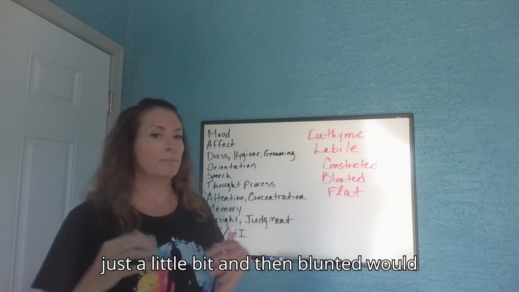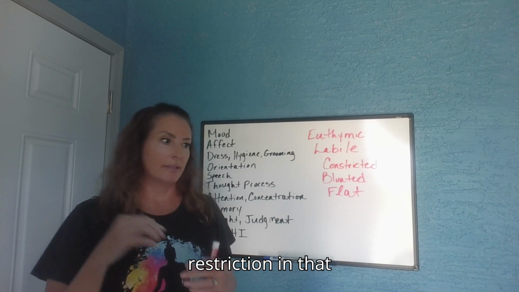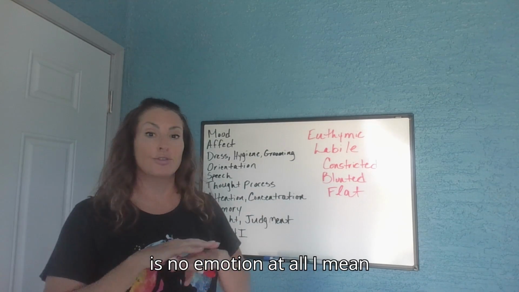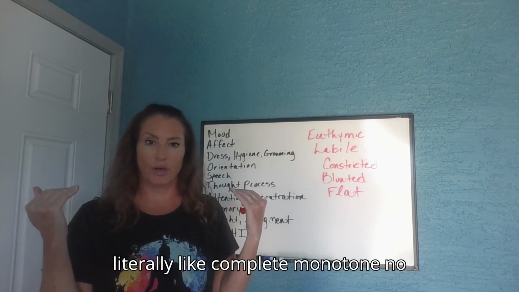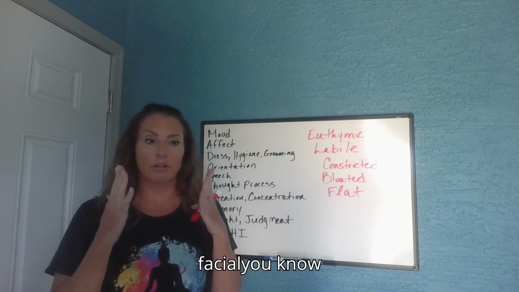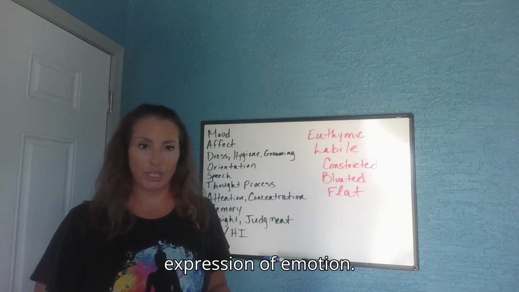And then blunted would be that there's an even greater restriction in that expression of emotion. And then flat is no emotion at all. I mean, literally complete monotone, no inflection, no facial expression of emotion.